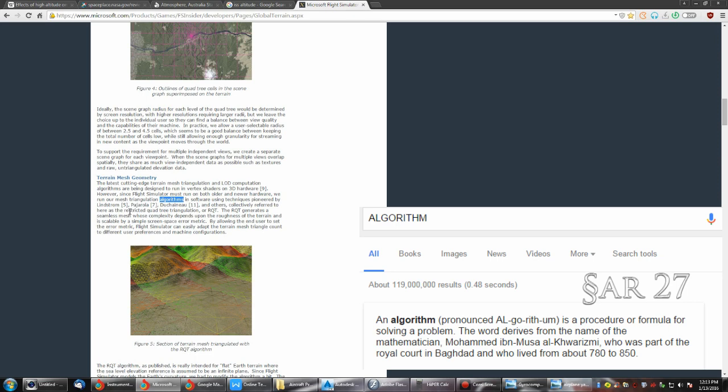It is restricted quad tree triangulation. Sorry, it was right in front of me. The restricted quad tree triangulation, or RQT, generates the seamless mesh whose complexity depends upon the roughness of the terrain. So what this is saying is just explaining how the 3D program makes mountains and textures and stuff like that.